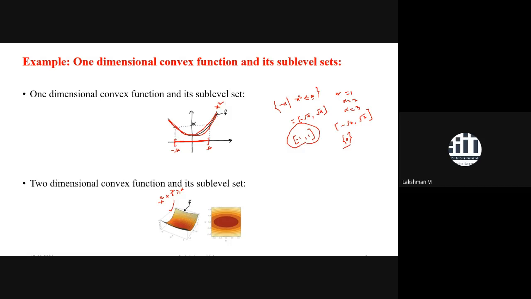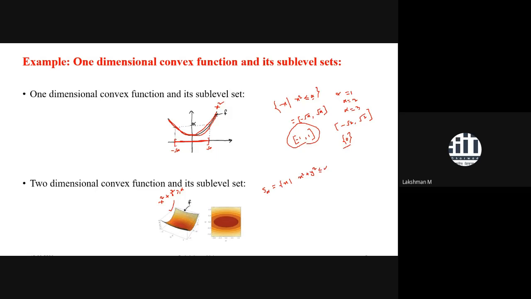So here, in order to define a sublevel set, it would be like this: x such that x square plus y square must be less than or equal to alpha, where alpha must be a non-negative number. So what does it give?